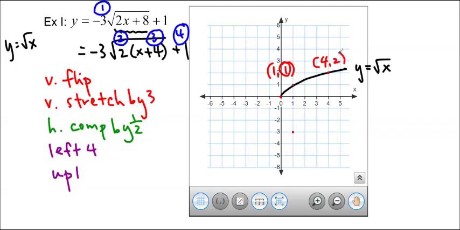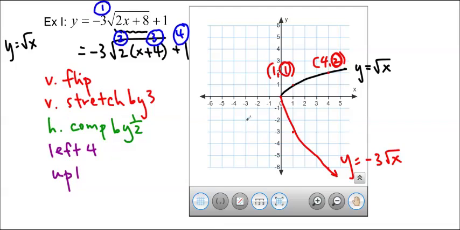So again, I'm just going to worry about the y value and just multiply that by negative 3. So I'm going to get 4, negative 6. Connect the dots in a curvy and attractive manner if possible. Okay, that wasn't very curvy or attractive, but okay. y equals negative 3 root x. Okay, so that's my vertical flip and my vertical stretch.